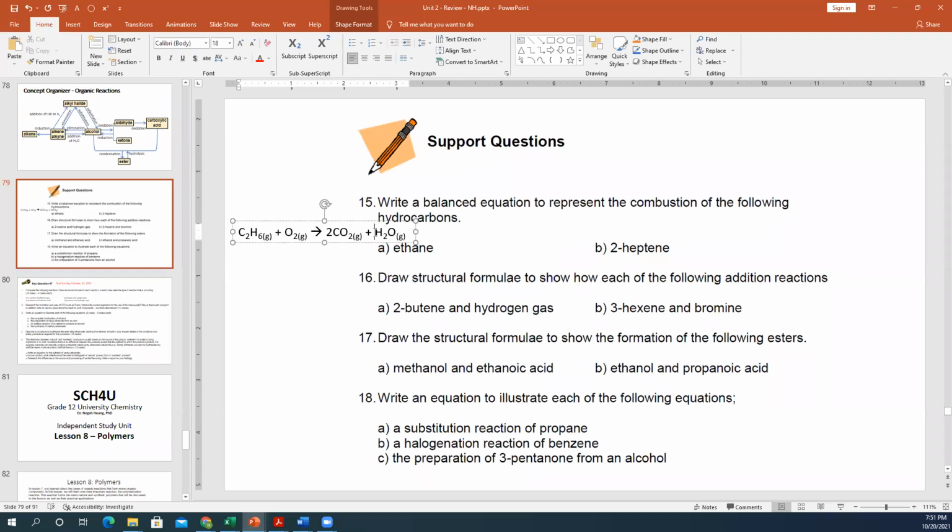If I put 4, 4 times 2 gives us 8. Oh, sorry, how many do we need? 3. So 3 times 2 makes 6 hydrogens here. Okay, hydrogens are balanced. This is looking good.